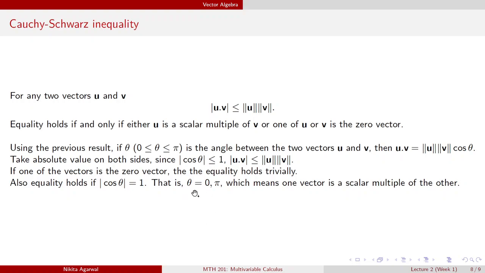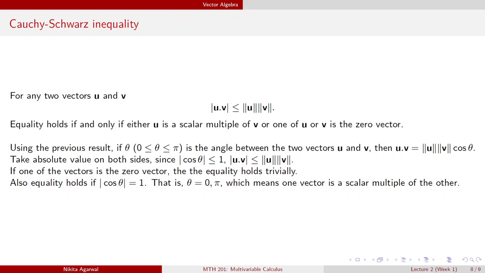So now if theta is either 0 or pi, this means that either the two vectors are in the same direction or they are in the opposite direction. So they can be scalar multiples of each other, right?